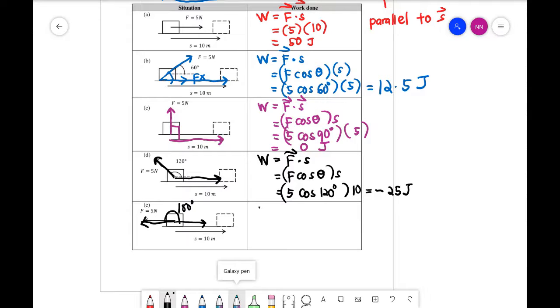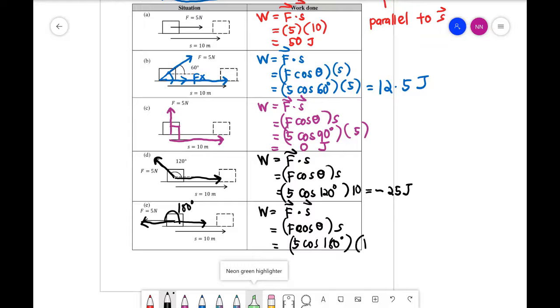So work done equals F dot S, F cos theta S. So 5 cos 180 times displacement 10 equals negative 50 joule. Negative 50 joule, so work done is negative. That means work is done by the system to overcome the force F to move to the right.